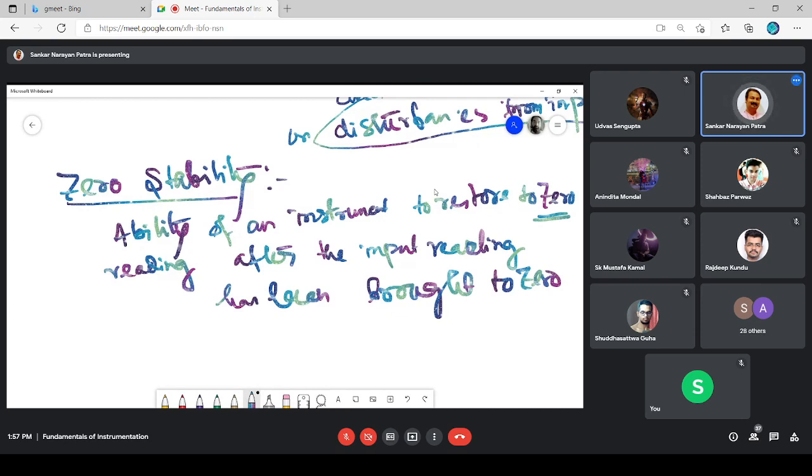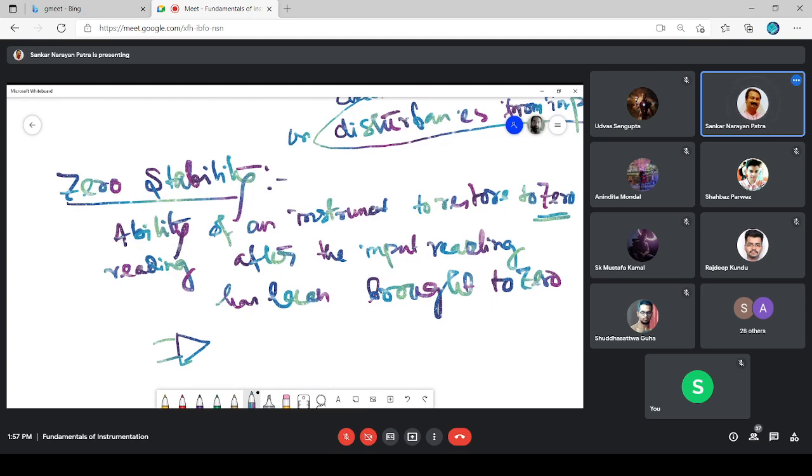So zero stability means if we make the input 0, then the output is expected to be 0. What I said? If the input is brought to 0, the output will also be 0. Like in the op-amp, the earlier example, we have connected 2 inputs and 1 output, right?